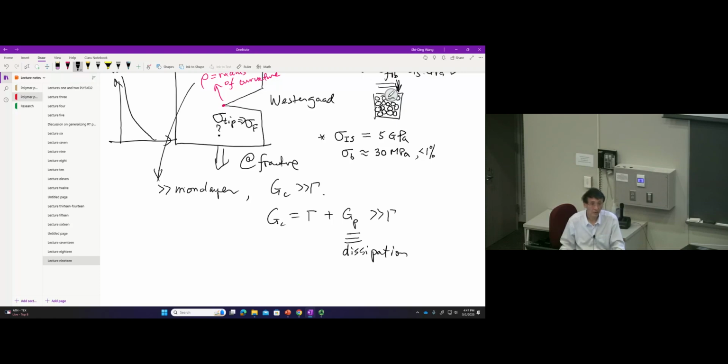A conclusion you are forced to reach unnecessarily. In the stress approach, in fact, let me write this. This is nothing but, we later found out through this English kind of result, this times the tip radius. Look, where is the energy dissipation? None.